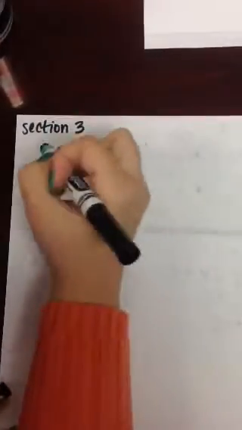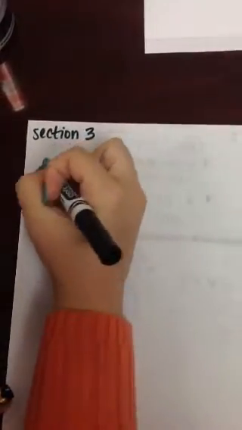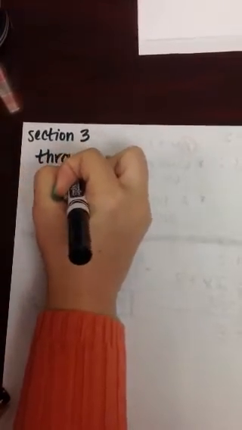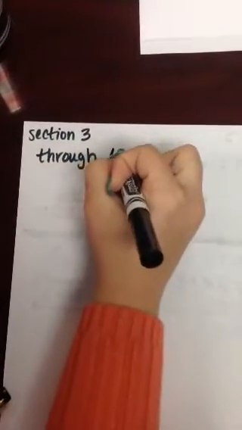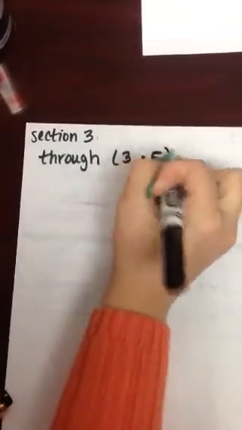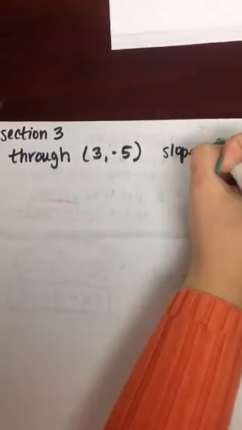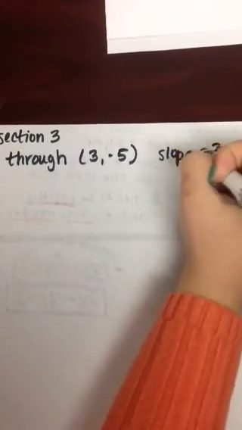Section 3. Now we're going to do it with a point and a slope. So if they give you the point 3, negative 5, and they give you the slope of 2/3, how would we solve it?